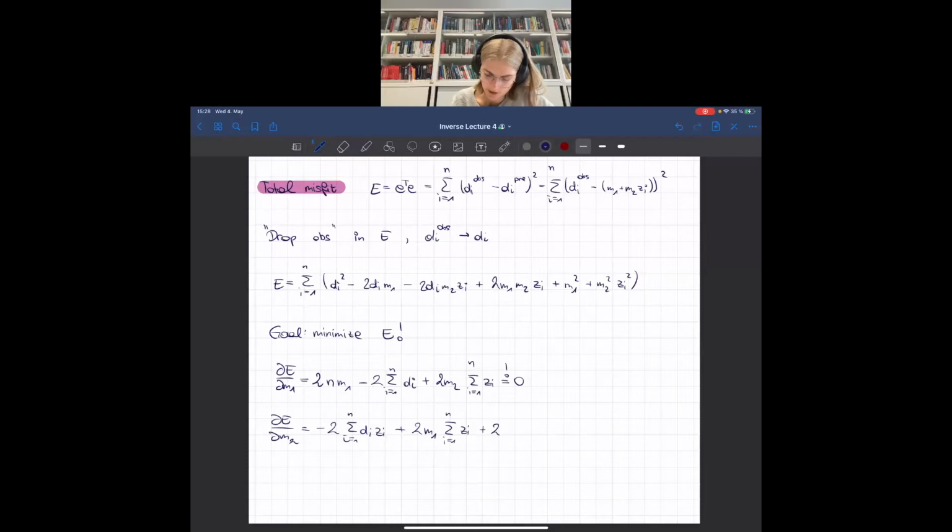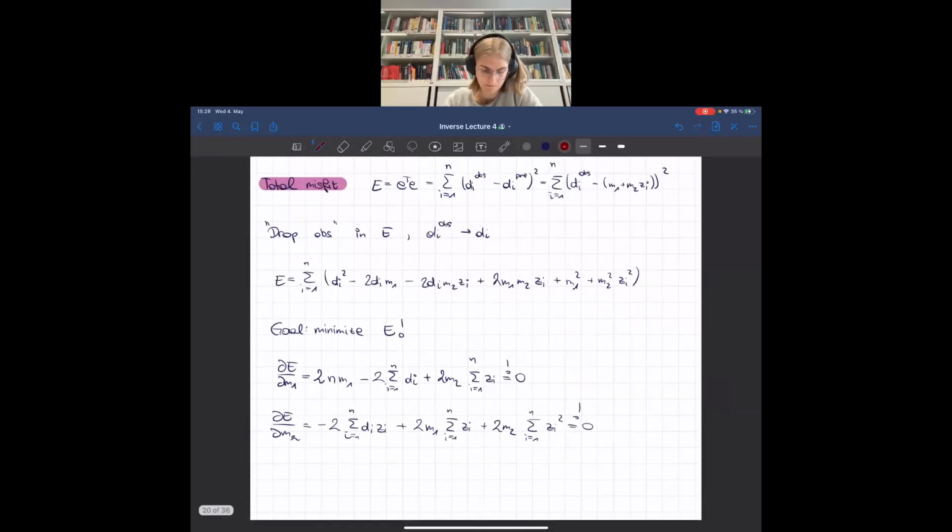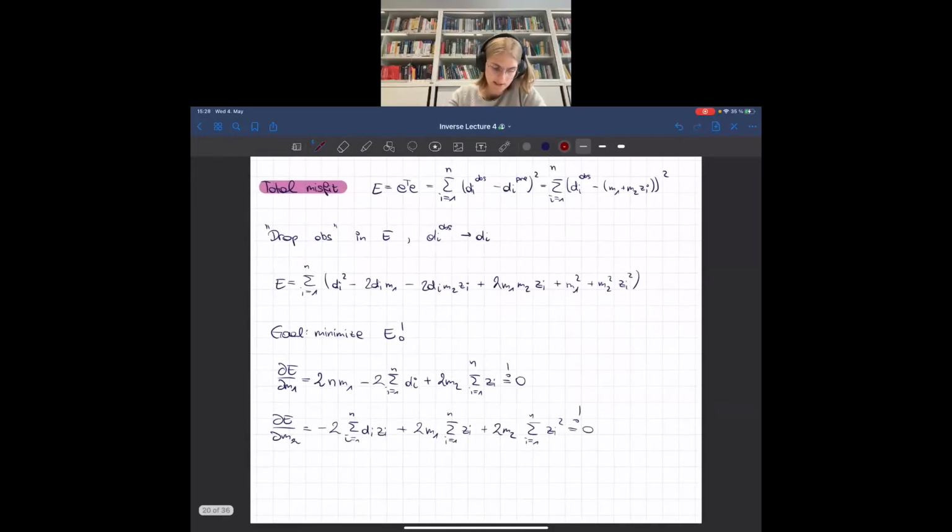And finally, we have 2 m2 and then the sum of the zi squared. And this thing here should be 0. So we can get rid of everything here. And now I just like to copy this thing here onto the next page so that you can see it.